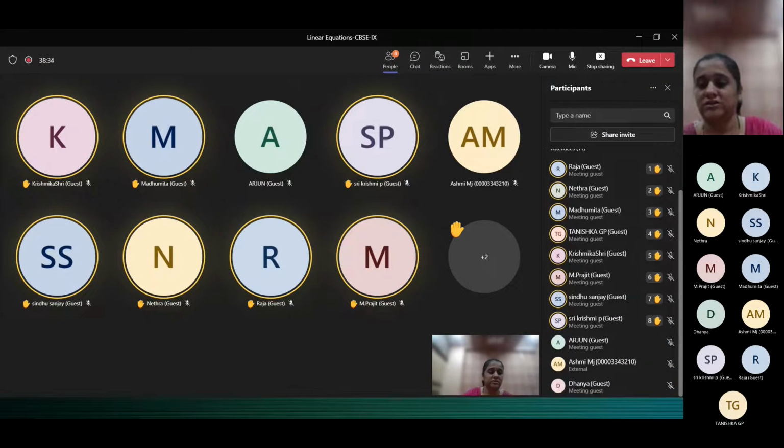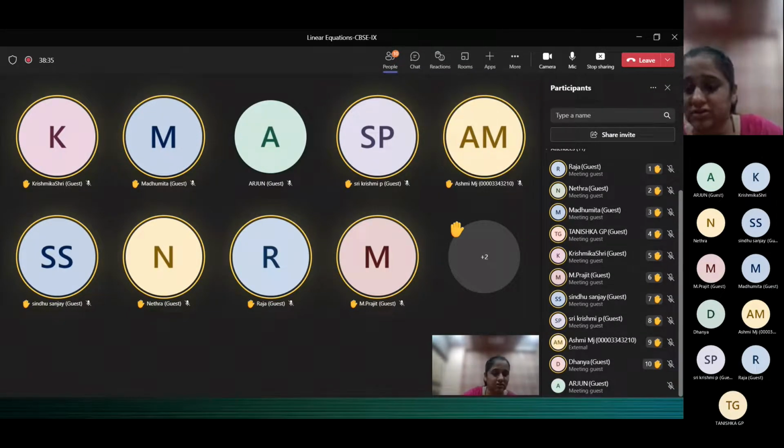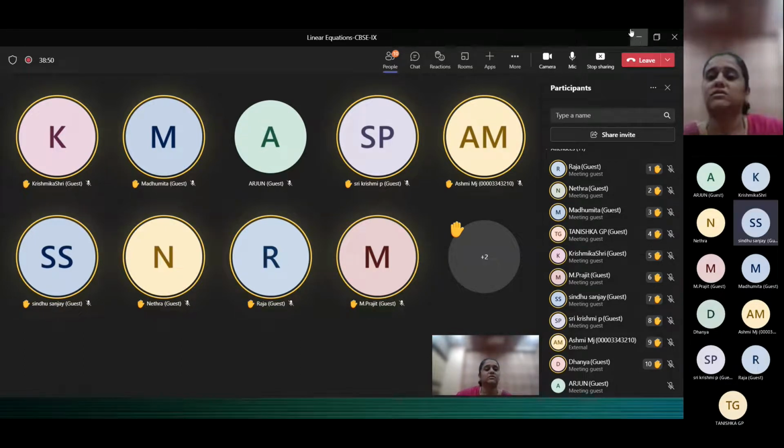Raja, Netra, Madhumita, Tanishka, Krishmika, Prajit, Sindhu, Sanjay, Krishmi, Srijana, Danya, and Arjun. Sindhu and Sanjay, are you feeling better now? Yes, ma'am. Okay.